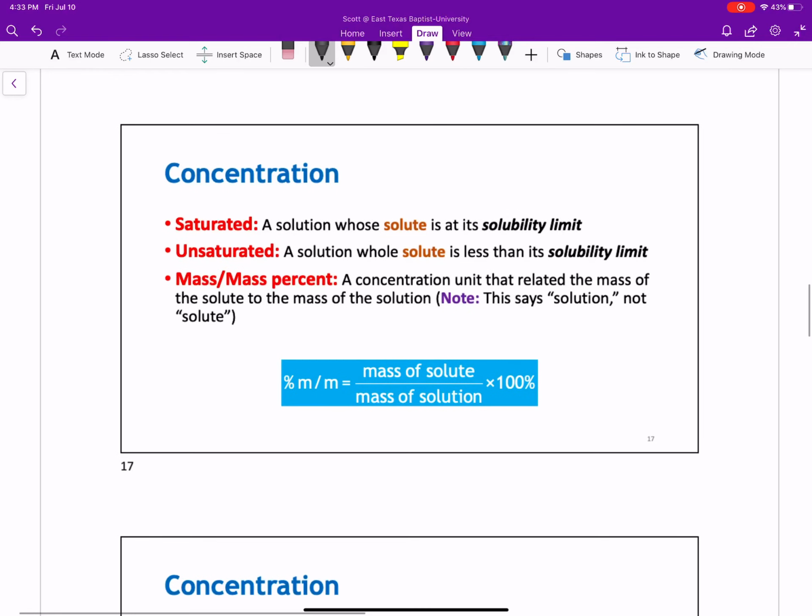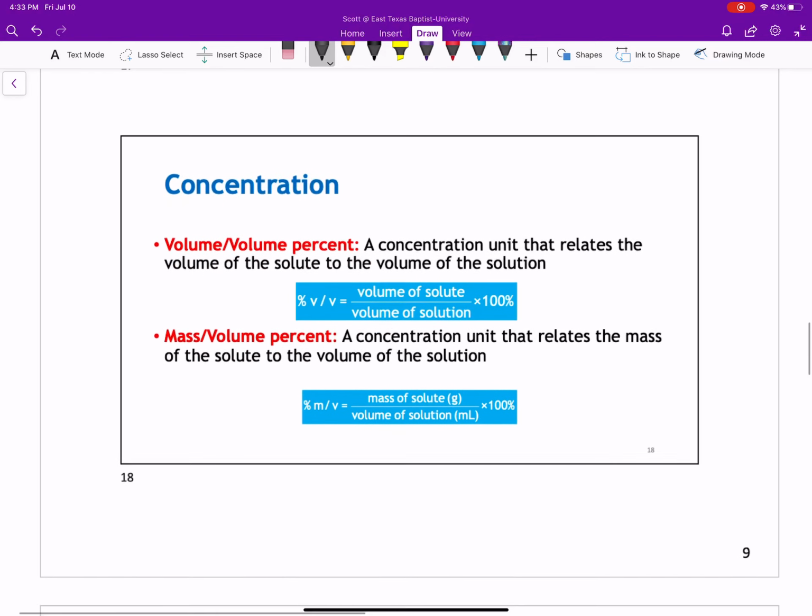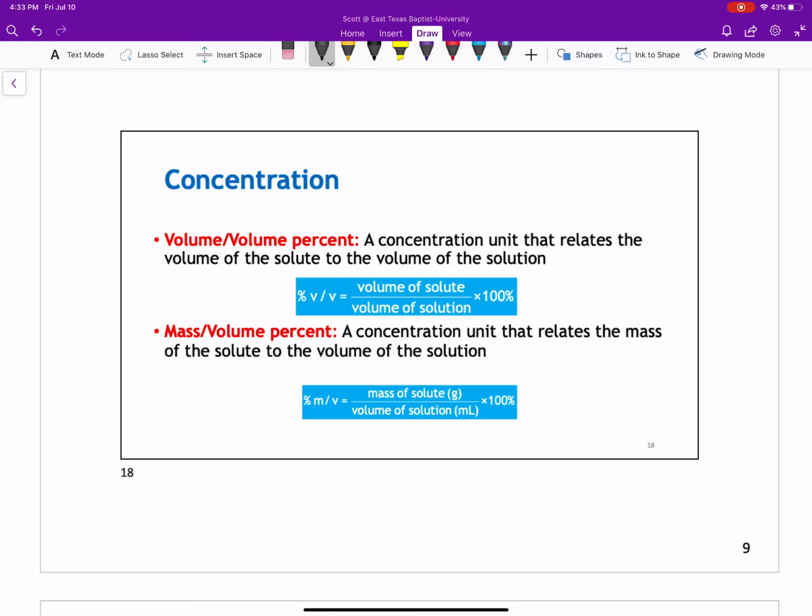One way we can express concentration is called mass percent, and it's given by this formula right here: mass of solute over mass of solution. Now keep in mind that it says solution and not solute. Then we multiply that number times 100. There's also a volume percent, or percent V/V, which is the volume of the solute over volume of solution times 100.